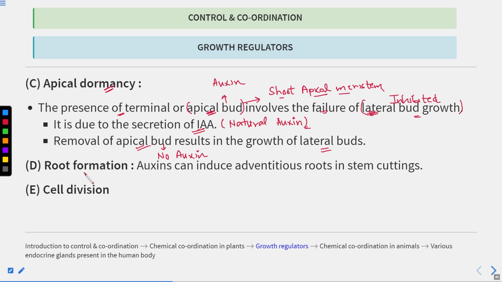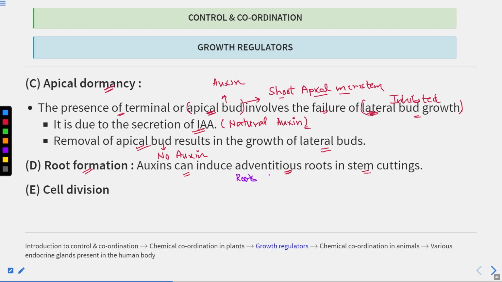Now next is root formation. Auxins play a very crucial role in the initiation of roots. Auxin can also induce adventitious roots in stem cuttings. What are adventitious roots? Roots that arise from a region other than the radicle. So how can we define adventitious roots?